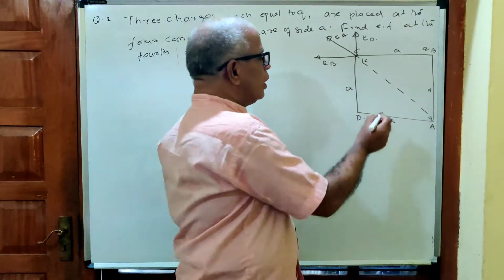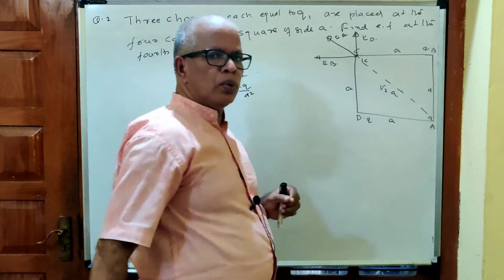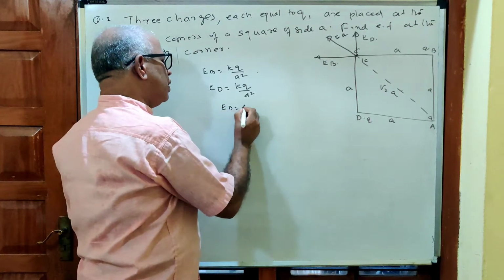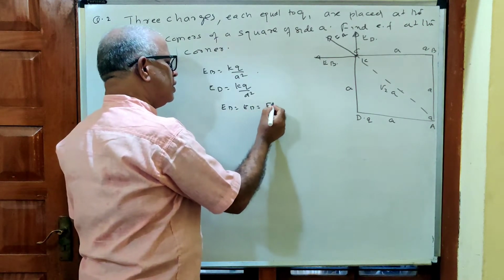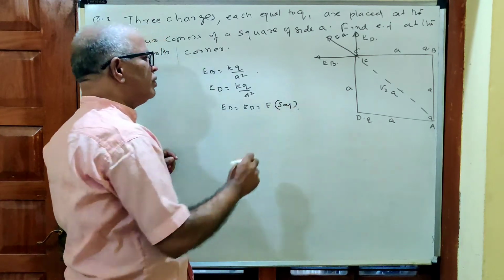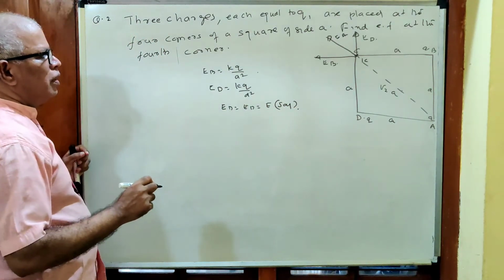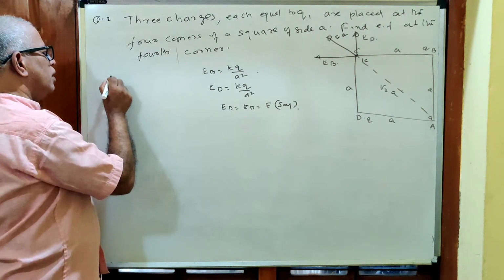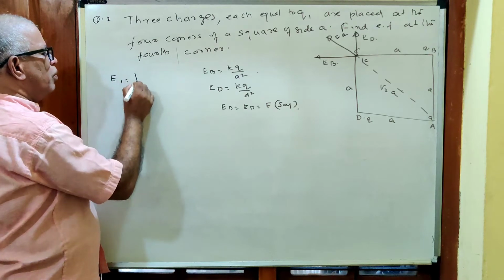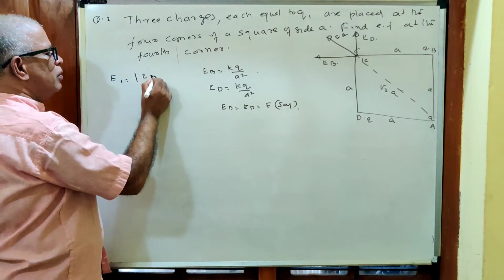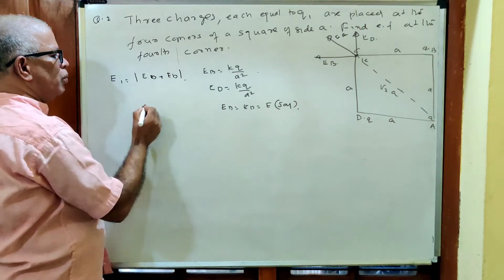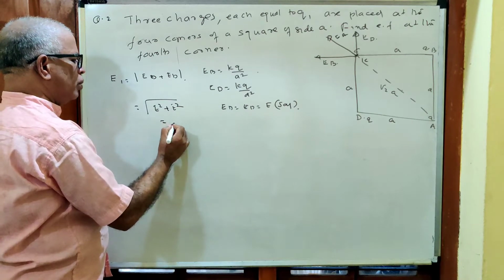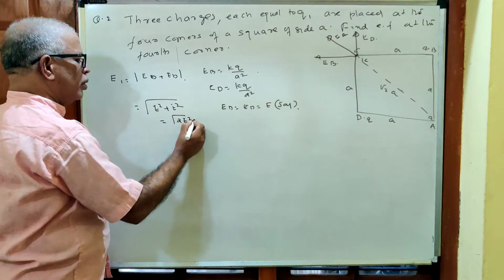Root 2 a. So ED is equal to EB, let it be E. So due to ED and EB, E1 is equal to the modulus of ED plus EB, which is root of E square plus E square, equal to root 2 E.